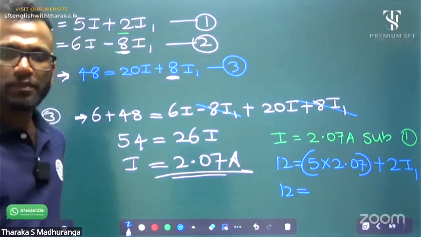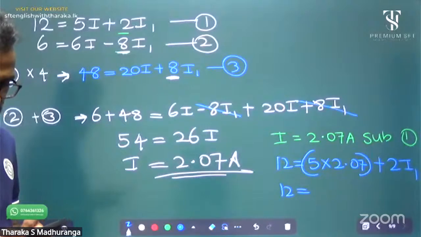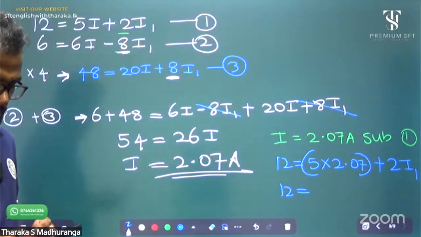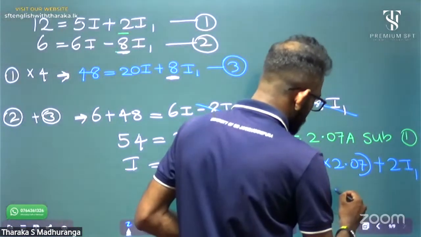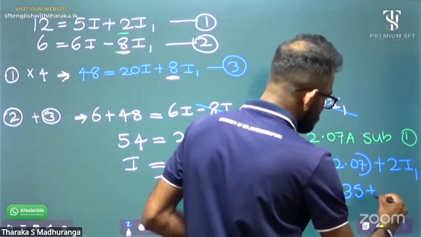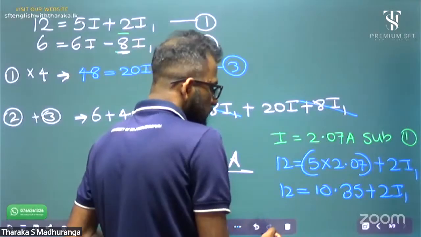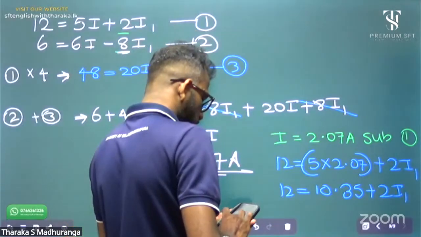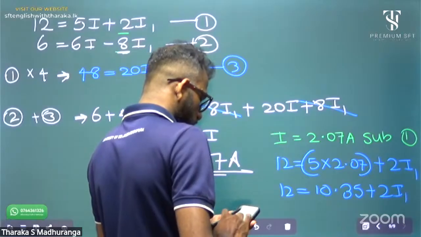What is the value? It's 10.35. 10.35 plus 2I1. Okay, 10.35 get into left side. It is 12 minus 10.35.